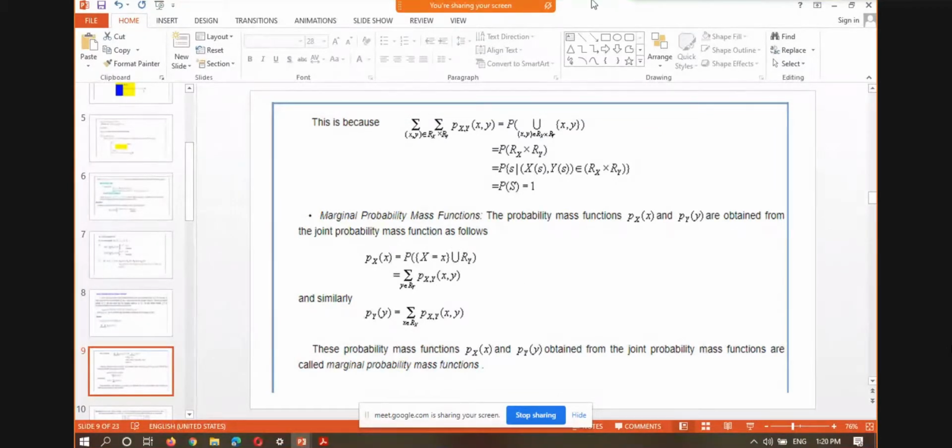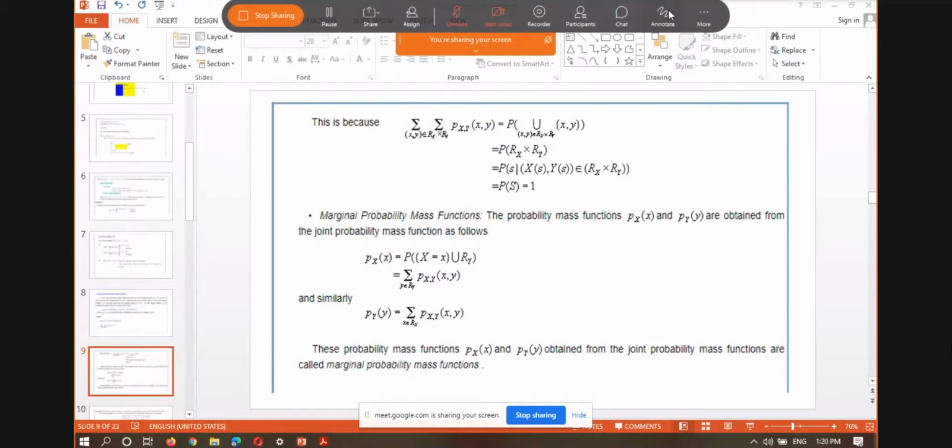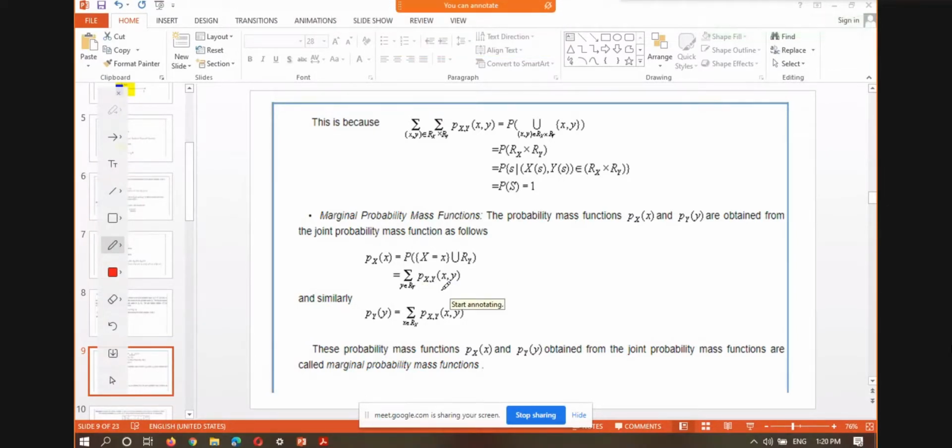Now this is actually useful. Earlier we were able to calculate the marginal distribution function from the joint distribution function. Similarly, we can calculate the marginal probability mass function from the joint probability mass function.